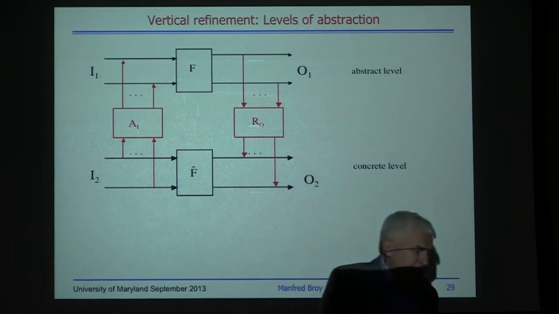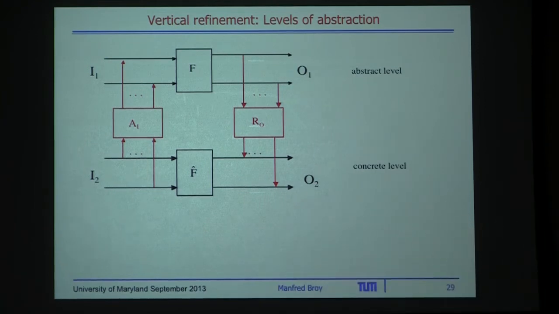Now the question is: is this bit level description of arithmetic a refinement of the number level description of arithmetic? And the refinement I've introduced so far only works if you have the same syntactic interfaces. Now you have changed the syntactic interfaces completely because you have different channel names and different channel types. How do you deal with that?